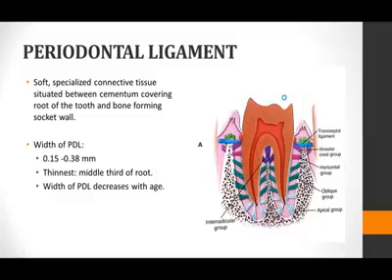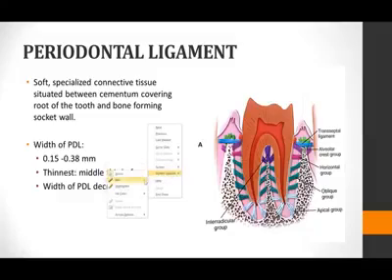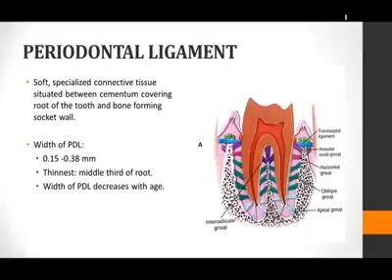Periodontal ligament, unlike the other hard connective tissues of your tooth, is a soft specialized connective tissue situated between the cementum and the bone lining your socket. So here you have the cementum, the outermost layer of your root, and here you have the bone lining the socket, and between these two, this whole soft connective tissue space is the periodontal ligament.